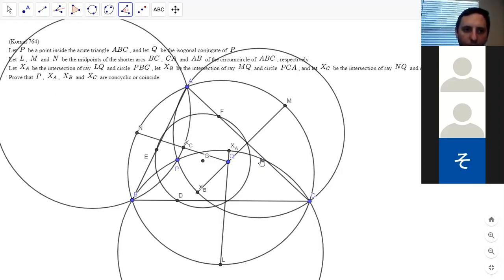You want to try the problem before this? I think this one's kind of hard. It's up to you. We can try this actually. This is beautiful. We can try what? We can try this problem. Okay.